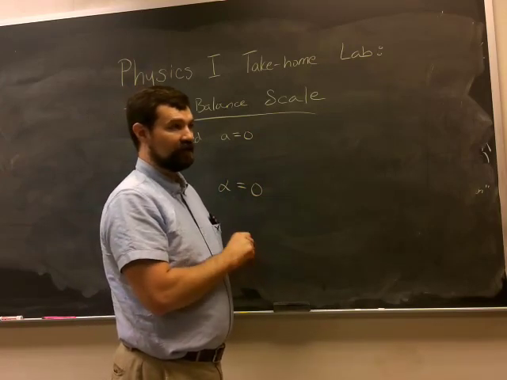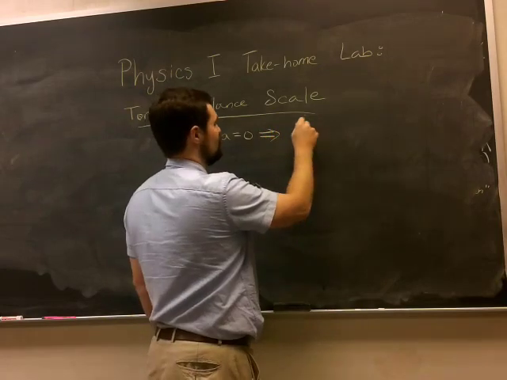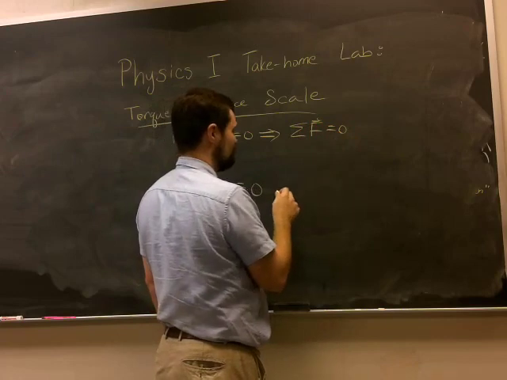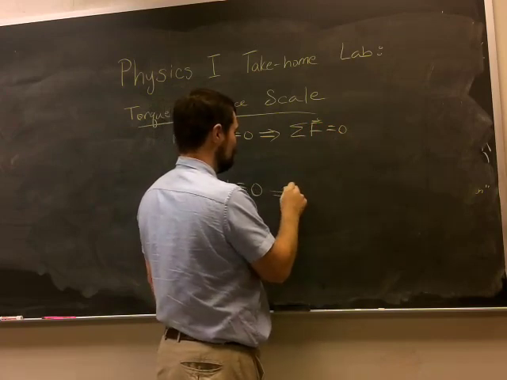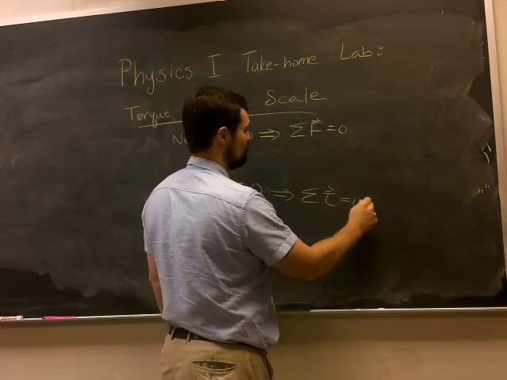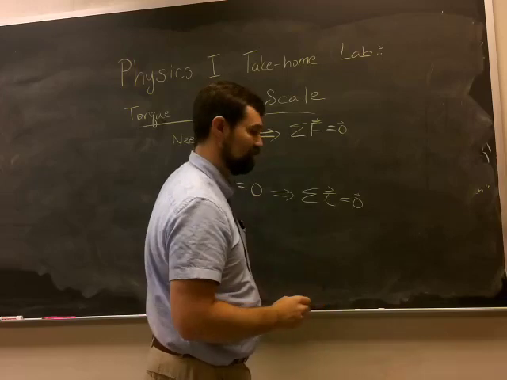And in order for that to occur, this right here by Newton's first law says that the forces acting on your system or object must all balance. This one says that the torques acting on your system or object must all balance.